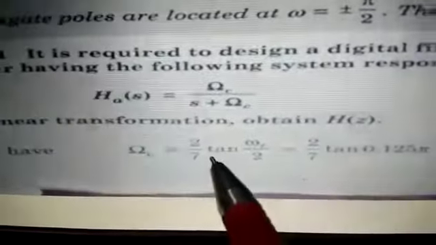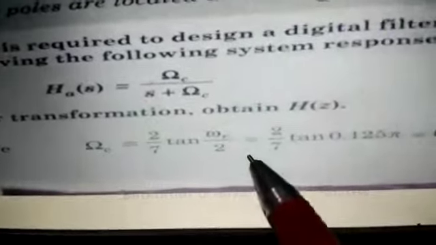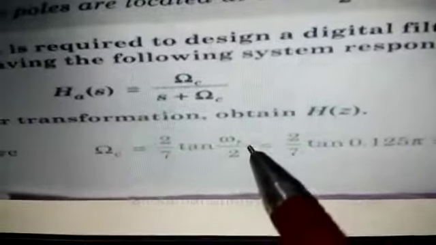Omega C is equal to 2 by T tan of omega R by 2. Here you can use 2 by T tan 0.125 pi.